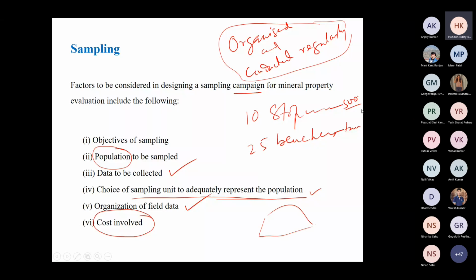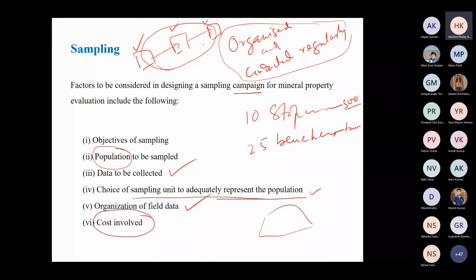Say you have 10 benches. Do you require all 10 benches to be sampled? That's what I'm telling. If they are fairly the same, say you have 3 benches, and you are constantly watching that they are similar in character, do you require this to be sampled, this to be sampled, this to be sampled, or all 3 to be sampled?